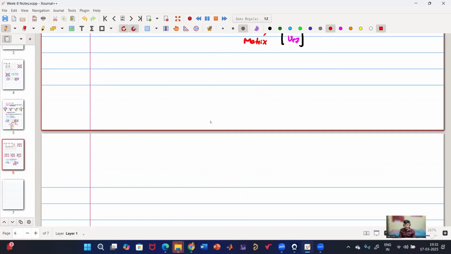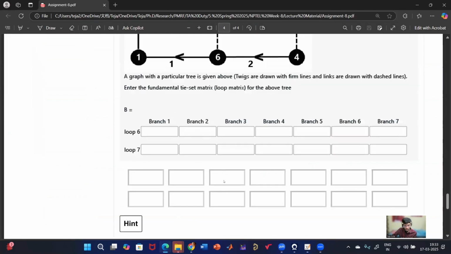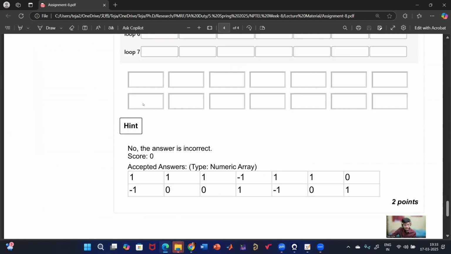Sir, for the answer, you have to put these matrices, right? Yes, but in this box you have to enter, for loop 6 and loop 7. The first box will have 1, 1, 1, minus 1, 1, 1, 0. No, this is the question and this is the answer.